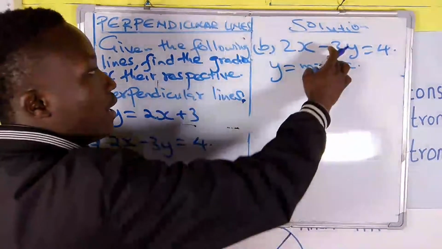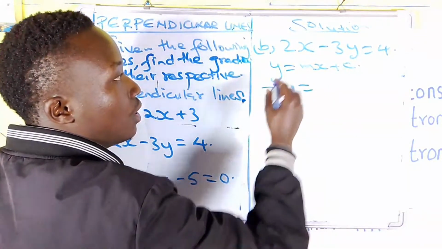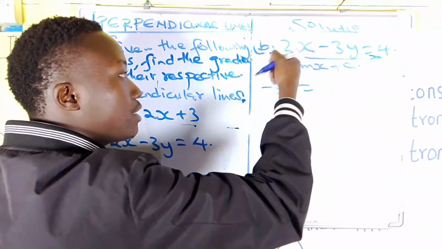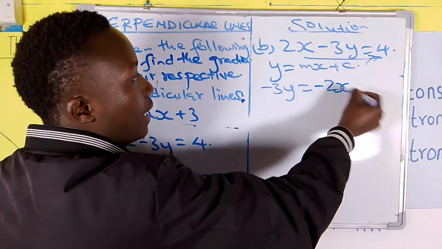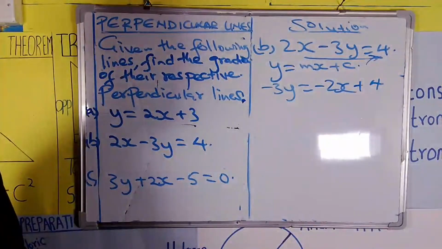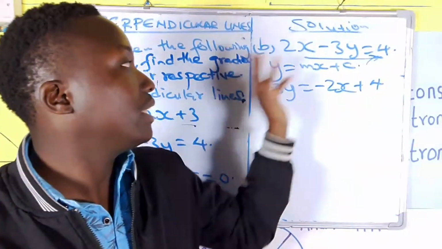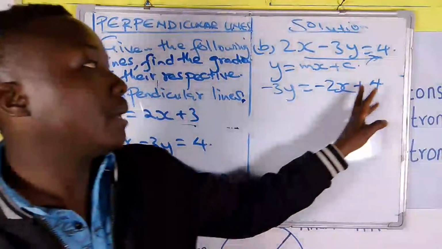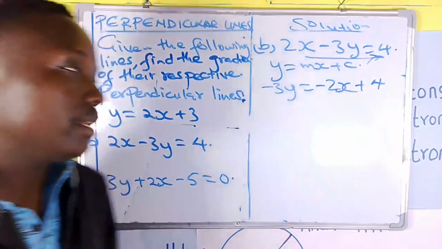So we have negative 3y is equal to, we will now take the x to the other side of the equal sign, and since here it is 2x which is positive, once it gets to the other side it becomes negative 2x, then 4 will remain there as plus 4. 4 will not be affected. It will still remain on the right hand side of the equation.